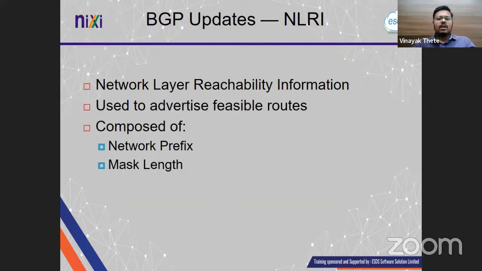The network layer reachability information is basically the reachability information for making the BGP pairing come up, and it is used for advertising the feasible route, which is composed of the network prefix and the mask length of that specific route.